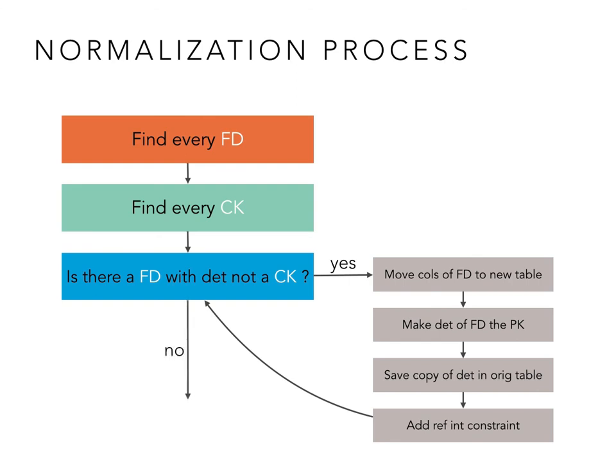And when the answer to that question is no, then we're done. So the point of all this is to eliminate modification anomalies by removing the functional dependencies in relations, so that there's only going to be a functional dependency between the primary key and the rest of the data, the other columns.